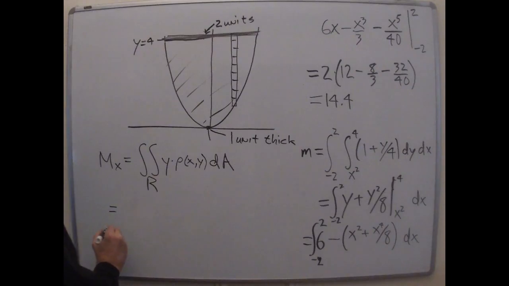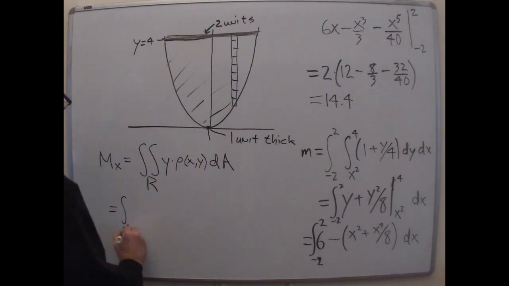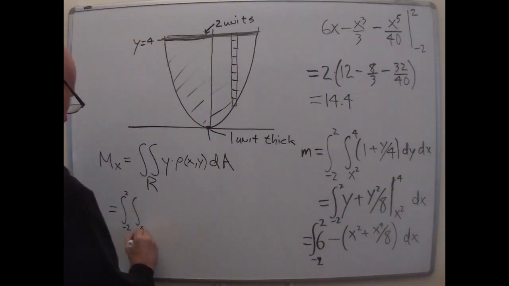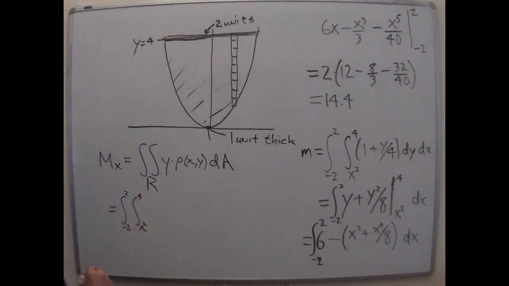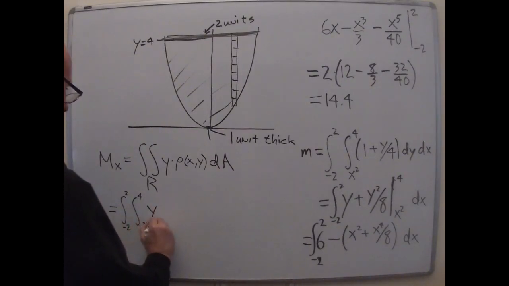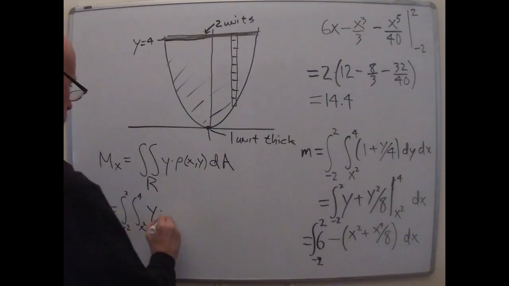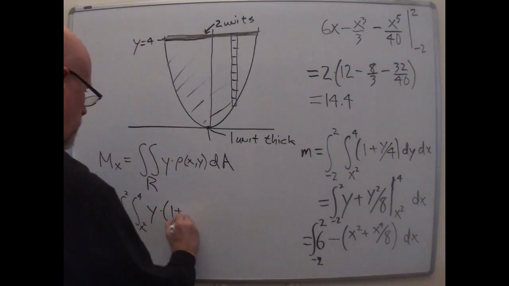We know how to do the integral effectively. Go from -2 to 2, and then from x squared to 4, y times the function for rho, which I think I just erased, but it was 1 plus y over 4.